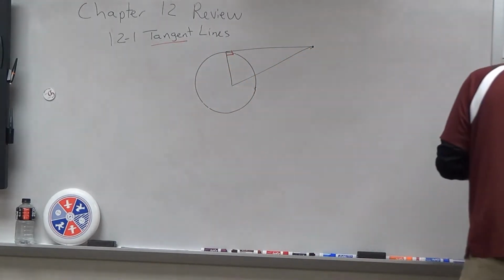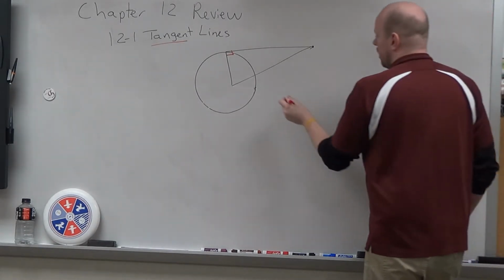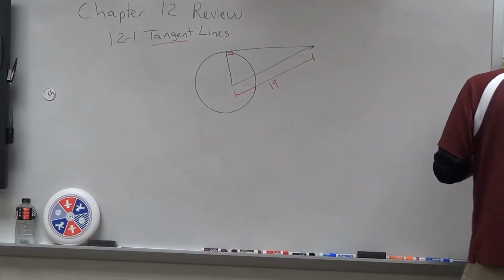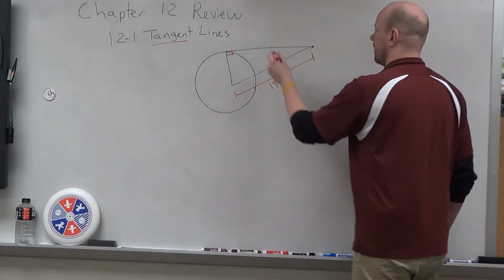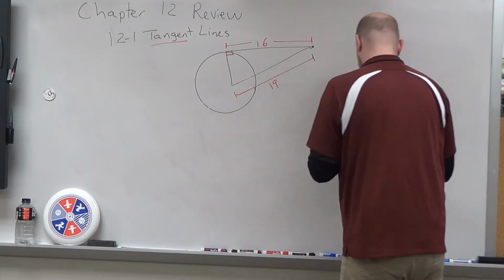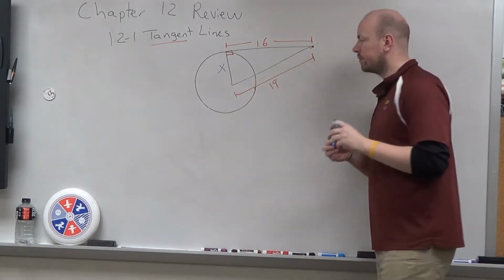Okay. So let's see. If AC, if this entire thing was 19, and this entire thing was 16, solve for x.